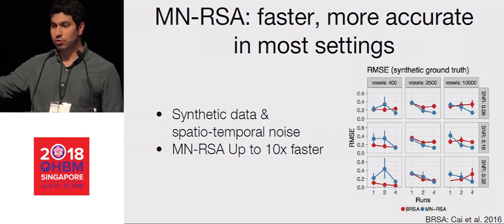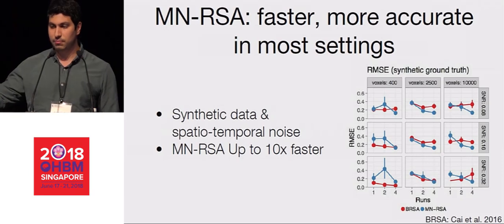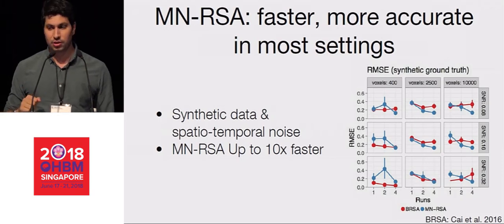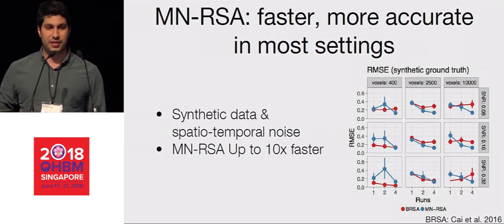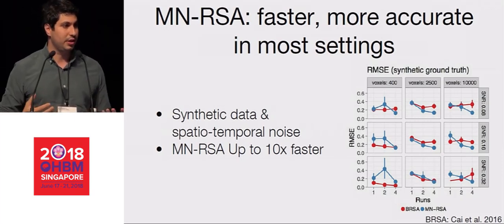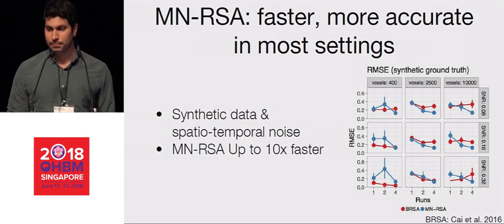For more voxels and across pretty much all SNRs, we perform better in terms of the root mean squared error. Additionally, we have a 10 times speed up utilizing the properties of the Gaussian modeling that allow us to pull a lot of computational tricks.